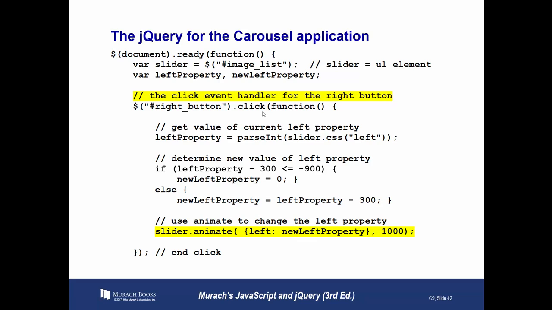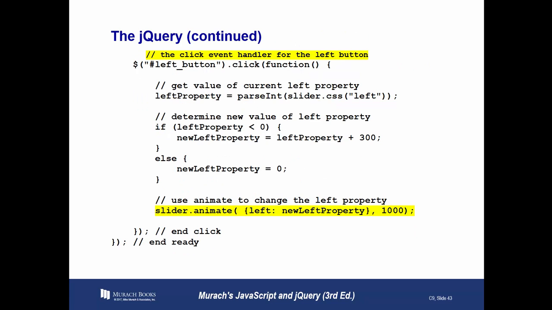The last line in each event handler uses the animate method to change the left property of the slider to the value of a variable named newLeftProperty. The trick is setting the value of this new left property each time the right or left button is clicked, and that's what's being done in the code that you see here.